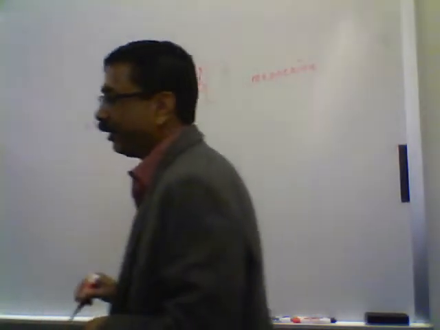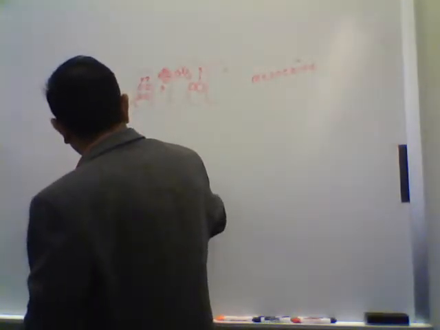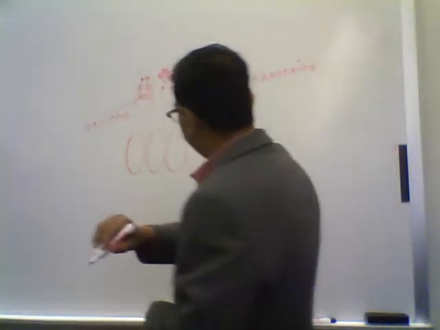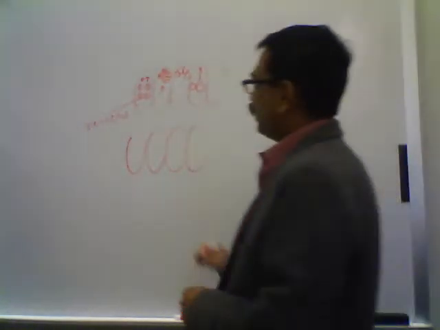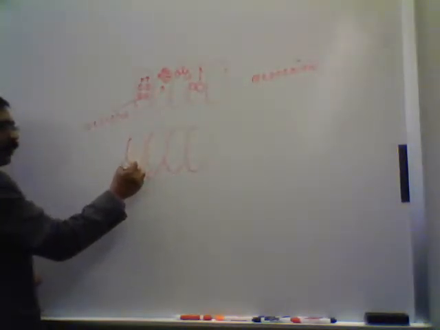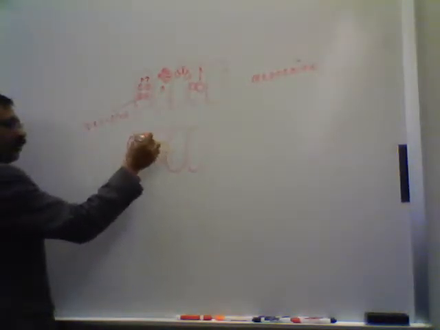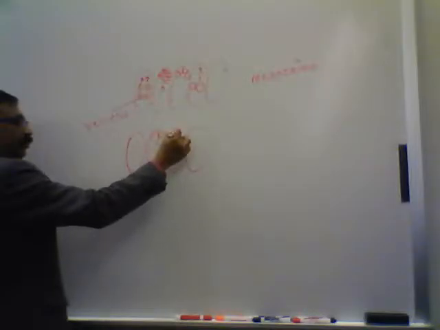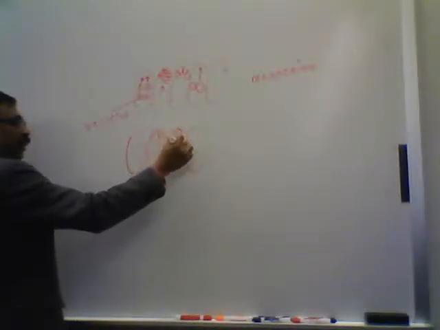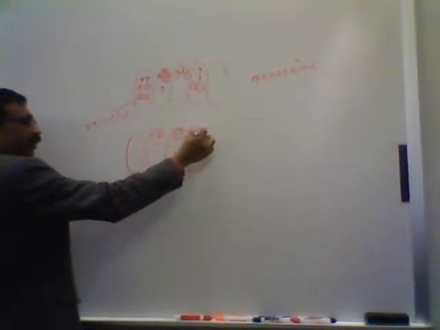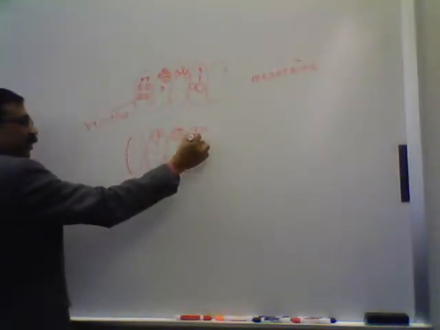In apocrine, what happens? These are the cells in an apocrine gland. No vesicles are formed. The chemicals in the cytoplasm move up to the upper end. So the chemical molecules accumulate at the upper end of the cells like this.